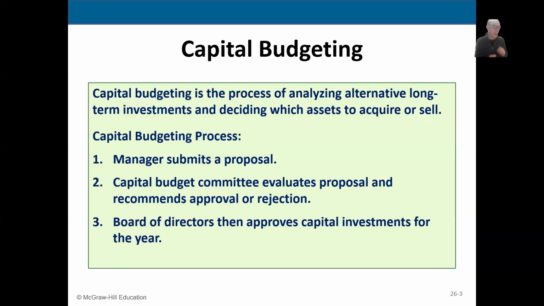The idea behind capital budgeting is that the business is setting aside additional capital in order to purchase property, plant, and equipment to grow the business. Okay? Capital budgeting also involves selling those things.